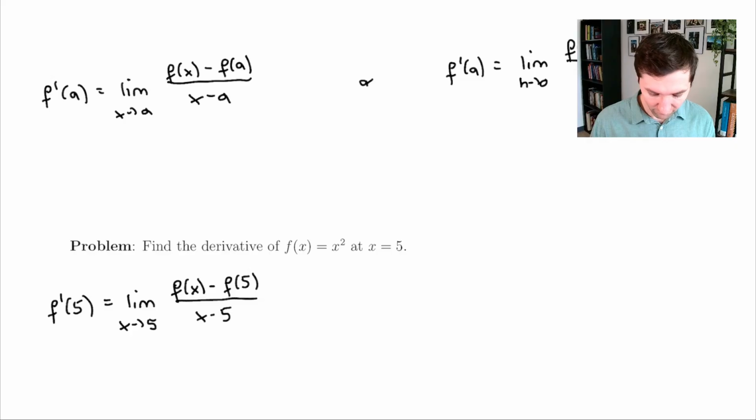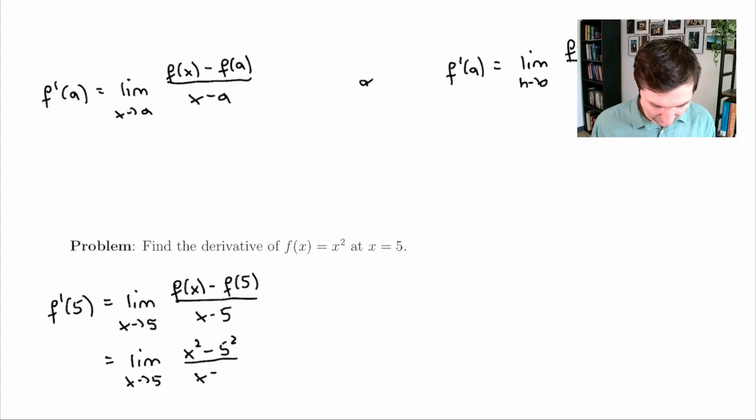Thankfully, I know the formula of f, so I know that f of 5 is 5 squared. Also, f of x is x squared. So I can rewrite this limit as the limit as x goes to 5 of x squared minus 5 squared divided by x minus 5.